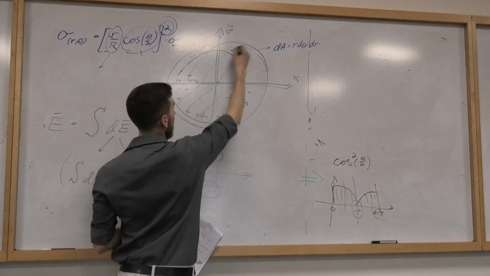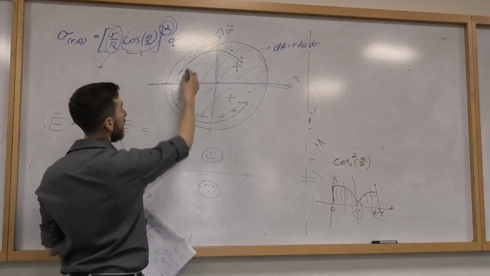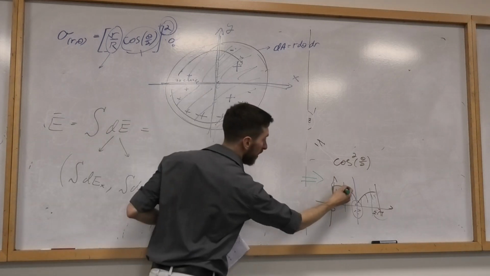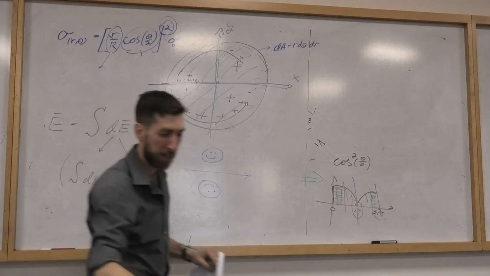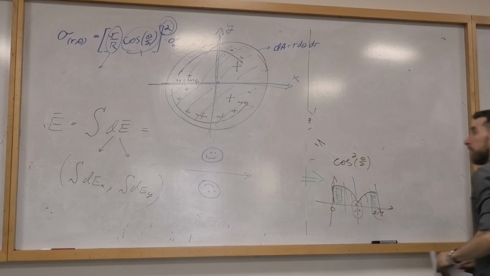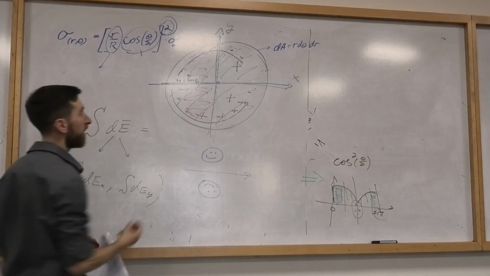I see that this part has a lot of charge, right? Compared to this part. Let's do it in green. This part has more charge than, let's take the red, than this part. You see the red? I don't know if the color is good.